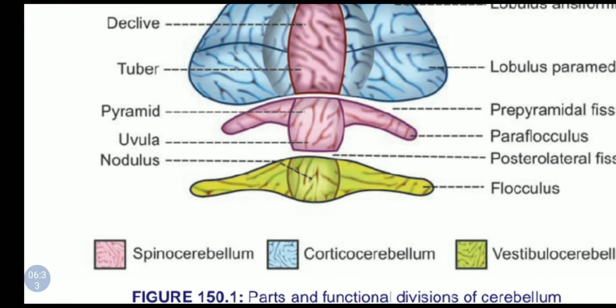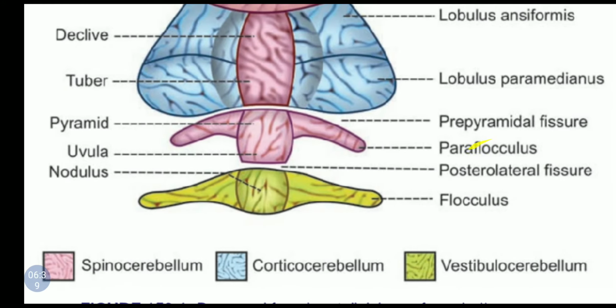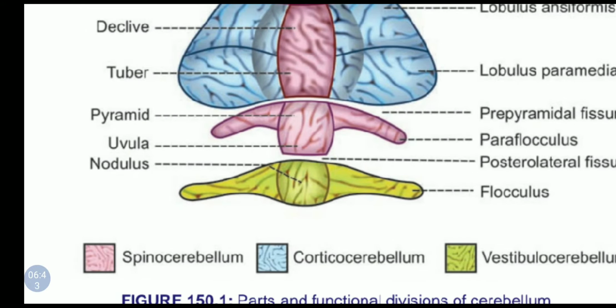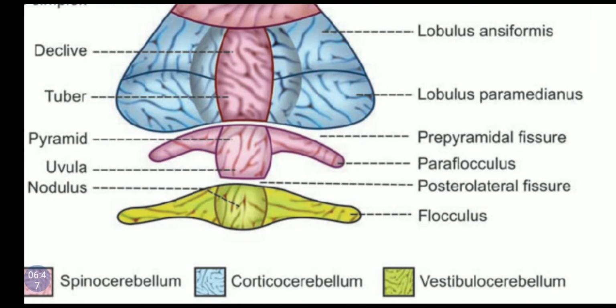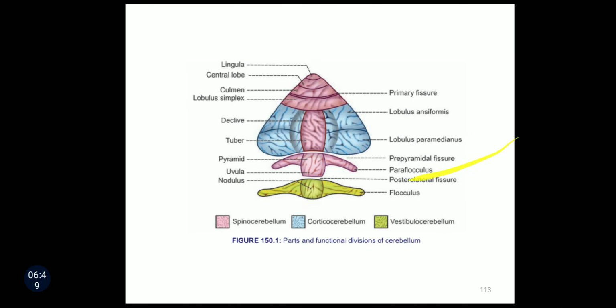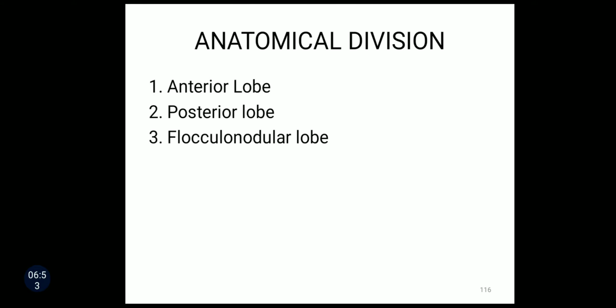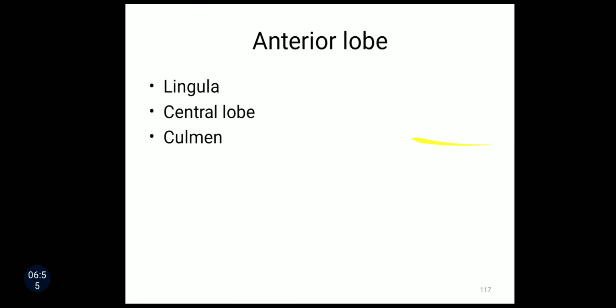Then the flocculonodular lobe contains flocculus and nodulus. This is the anatomical division of cerebellum.